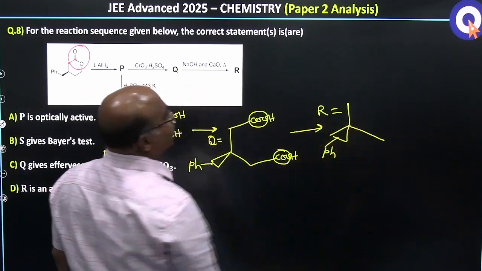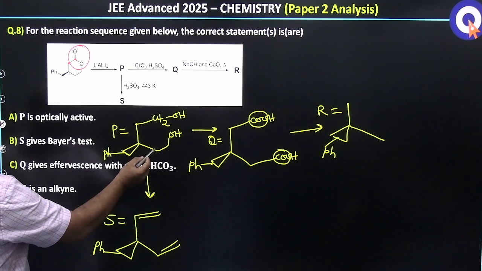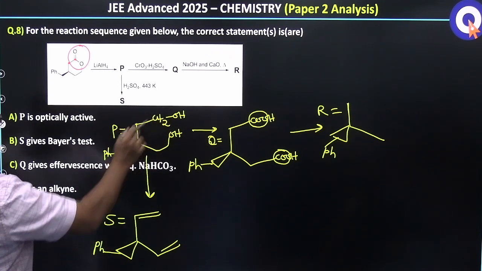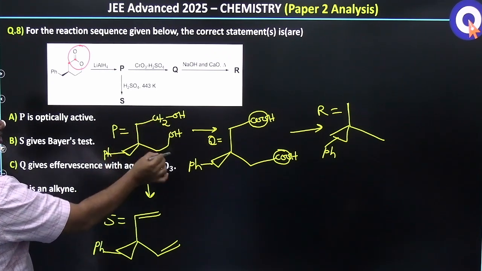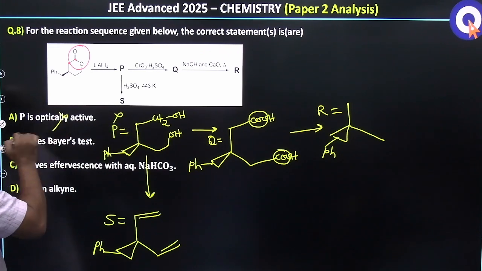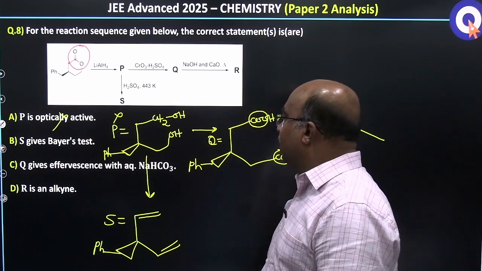Let us see the statements now. R, P is optically active. This is CH2, CH2OH, and this is CH2, CH2OH. Both the similar groups exist. So P is not optically active. So this statement is wrong. The next one: S will give Baeyer's test.